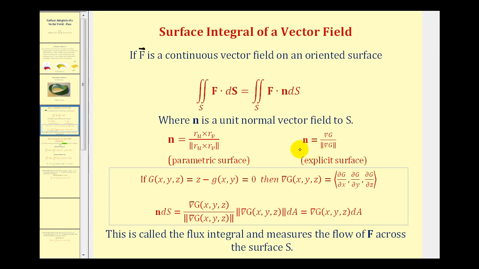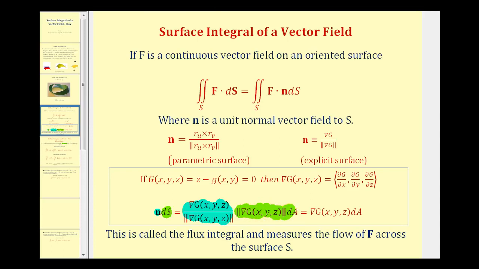This video will focus on explicit surfaces, so let's take a closer look at this formula here, where big G of x, y, and z equals z minus g of x and y equals 0. N times differential S would give us this quotient here times differential S, where differential S has this Jacobian or integrating factor times dA.